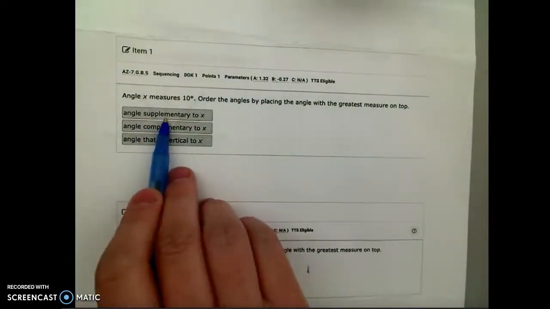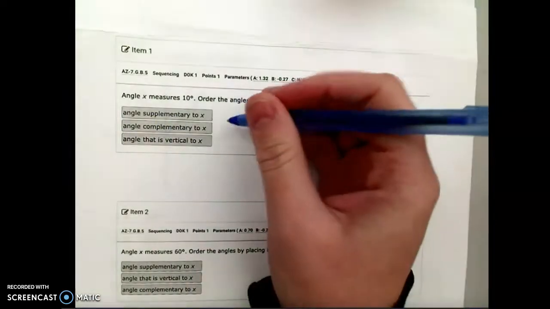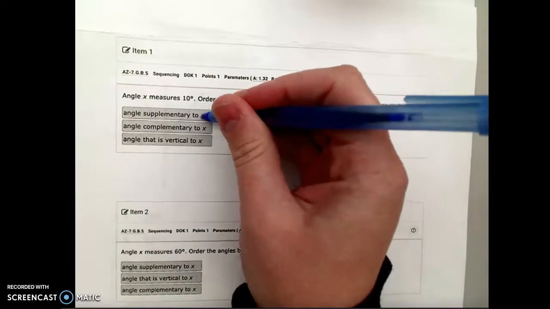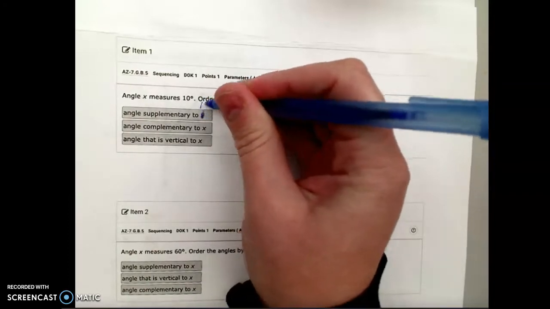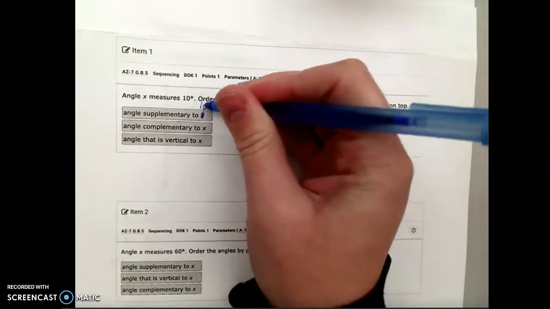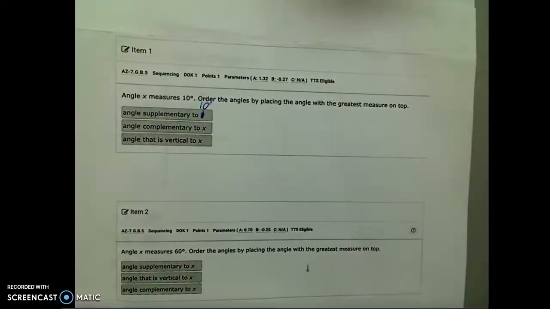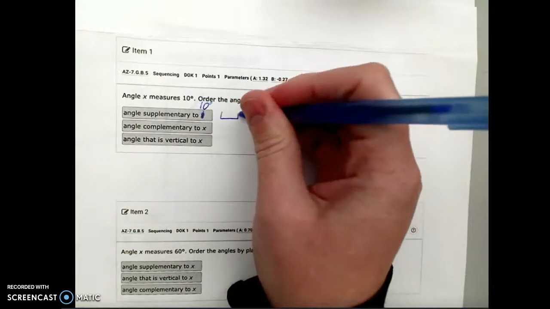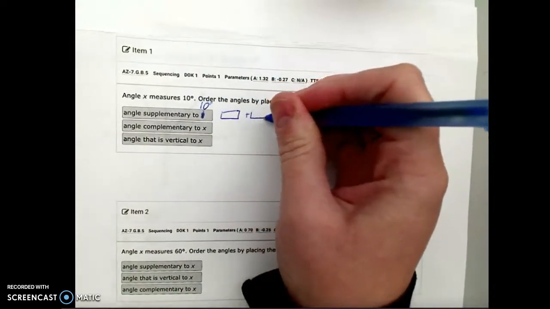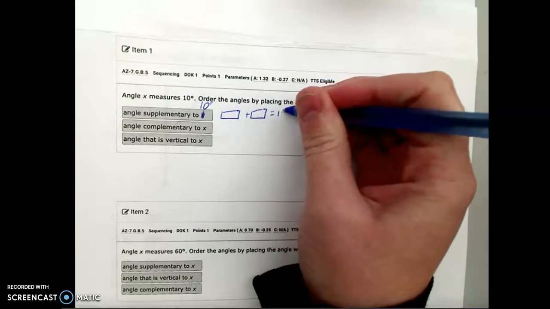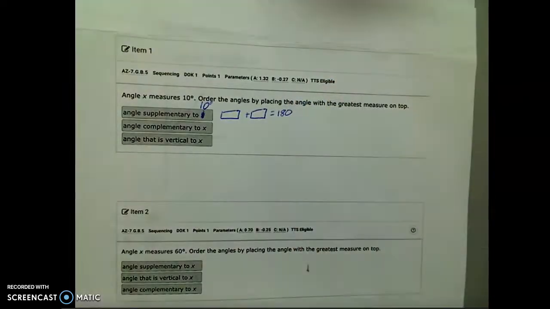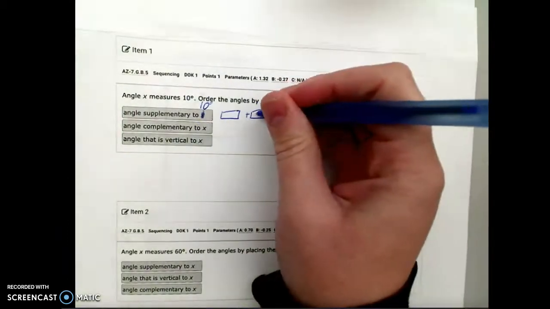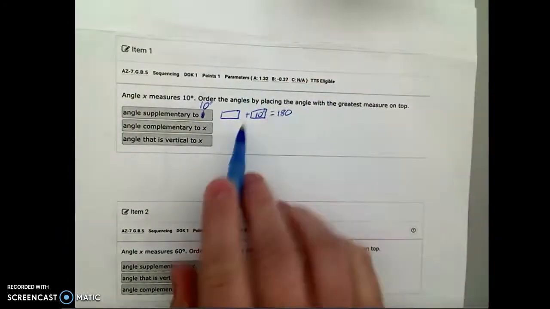So let's start with the first one. We know that this angle is going to be supplementary to X, and I'm going to say to 10, because X is equal to 10 degrees. Supplementary means that some angle plus the other angle is going to equal 180. We know that our angle X is equal to 10 degrees. So what goes here?